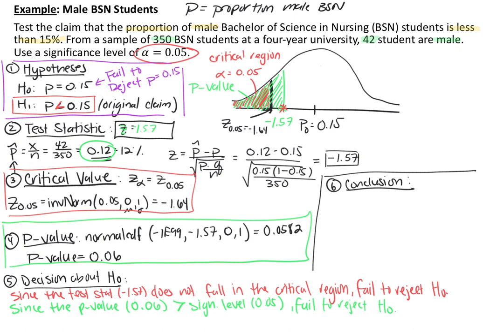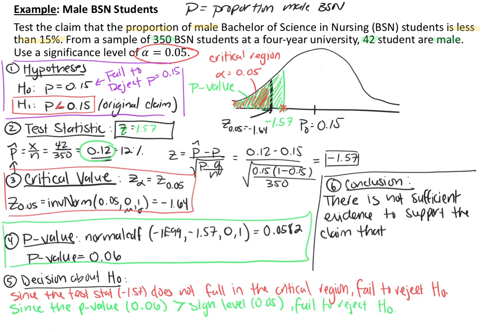So our final conclusion, we would state like this: there is not sufficient evidence to support the claim that less than 15% of BSN students are male. Okay, and that's how you would do this type of hypothesis test.